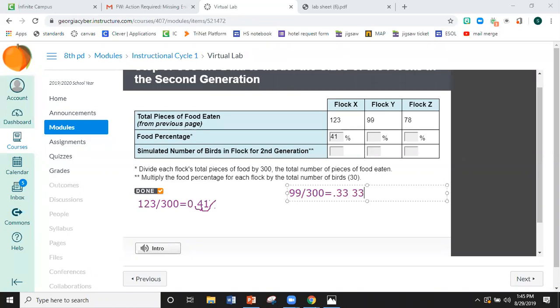When we convert that to a percent, they ate 33% of the food available. Flock Z had 78 pieces out of the available 300 pieces. If you divide that, you should get 0.26 as a percentage, 26%.